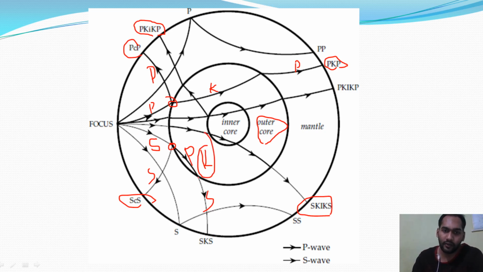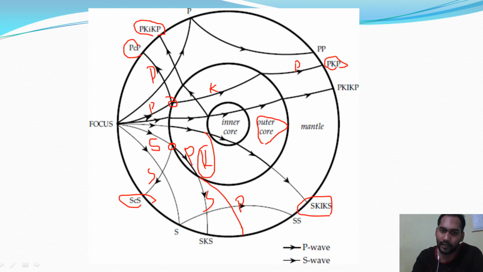It can also come out from the outer core and travel in the mantle as P. So we will name it as S, K and P. S wave in the mantle, then entered the outer core, so traveled as P, then from outer core to mantle it again came as P wave.